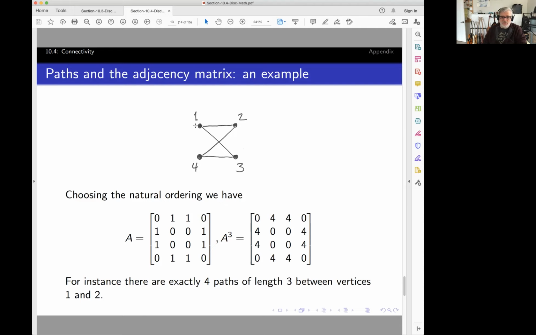Is that true? Let's see. 1, 2, 3... How many do I have now? Shouldn't I have another one?